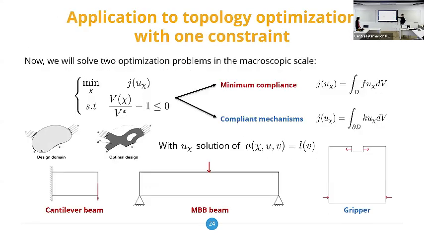The original compliance is external forces times the displacement. In compliant mechanisms, it is not an external force; it's a field defined by the user, K, on the boundary. So I'm saying in some locations defined by this field K, I want to invert the displacement, but it's not a flexibility. Okay, good.